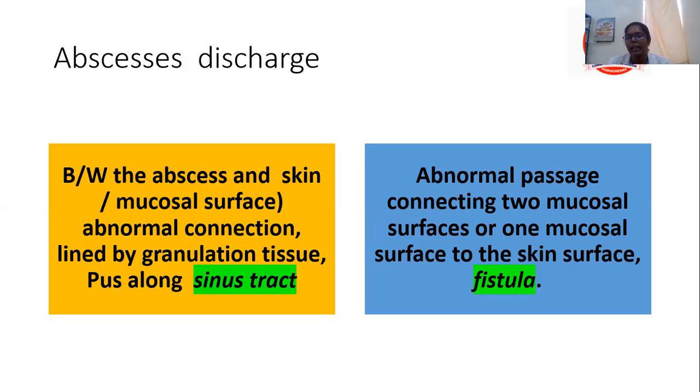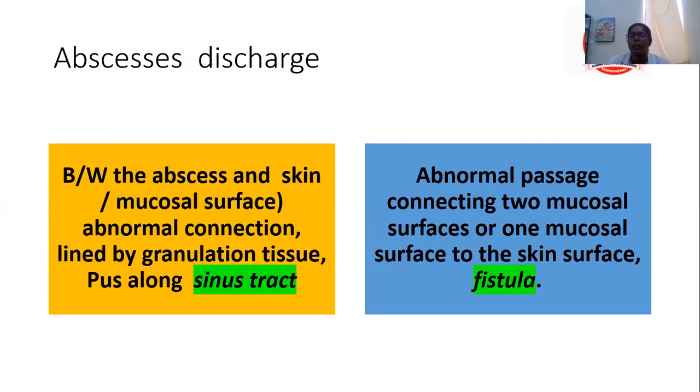And when we are seeing the abscess, you should remember 2 points: what is a sinus tract and what is a fistula? Because it is also one of the ways of an abscess draining out, right? Coming to the sinus tract, it is an abnormal connection between the abscess cavity and the exterior, that is, either the skin or mucosal surfaces.